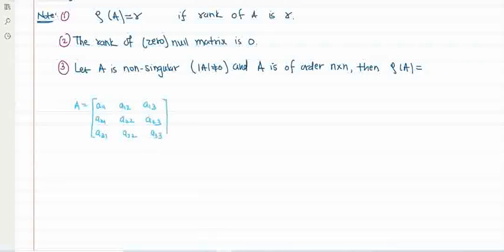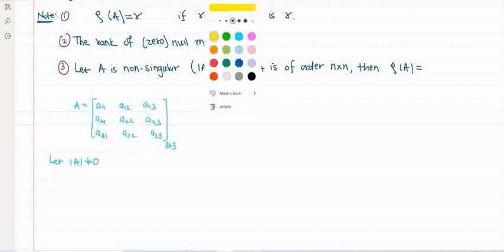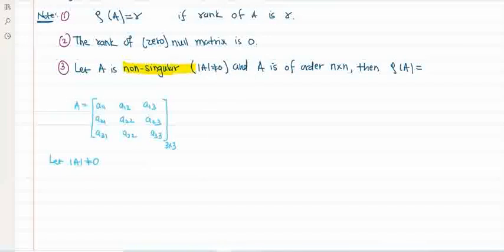You can generalize this. Now, first thing, A is a square matrix, yes or no? Yes. And assume that the determinant of A is not equal to 0, because we have to start with a non-singular matrix.